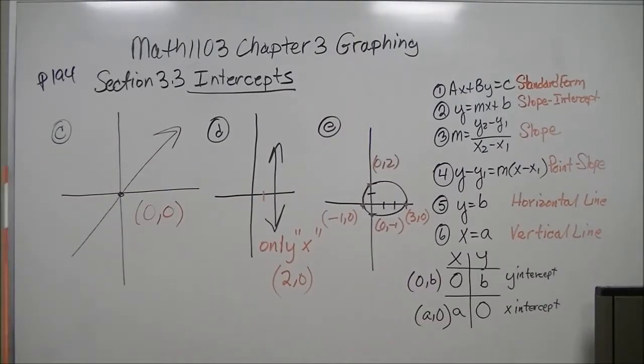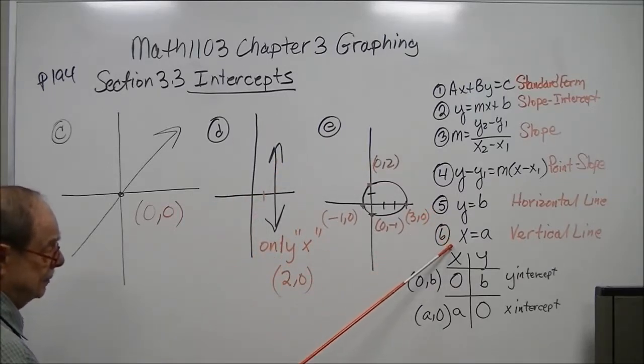Going on to example C of part A there, or example 1. Here is a line going through the origin. So actually, it is the origin, 0, comma 0. That is both your x and your y intercept. Now, as you look at letter D, this is equation 6 over here.